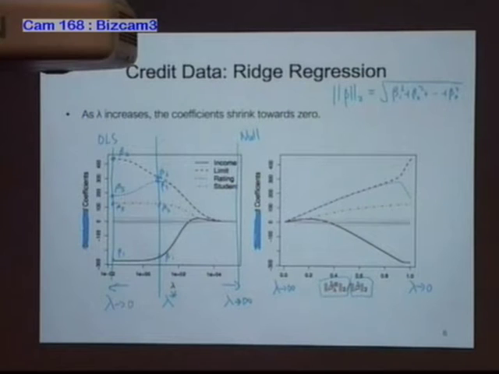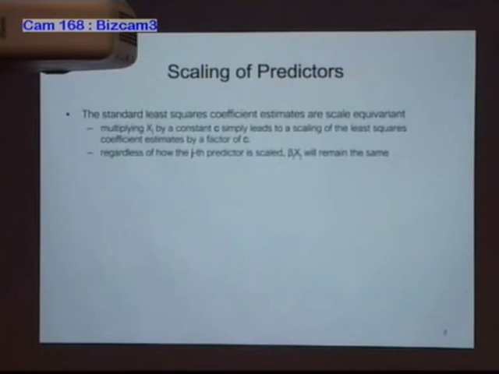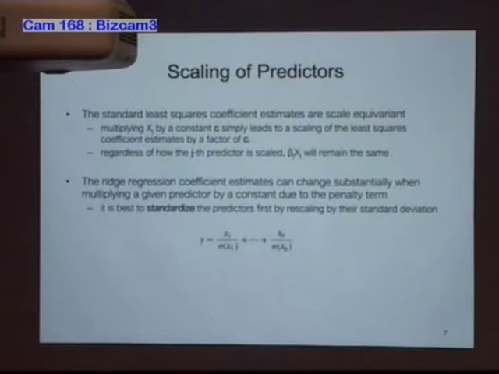All right, so that's the first step. Give me a bunch of lambdas, I can find these betas, I can connect these betas, plot a nice picture for you. And we mentioned this scaling issue a little bit. Naturally, when you do this, you need to make sure your x are roughly on the same scale. So by definition, we do the standardization.